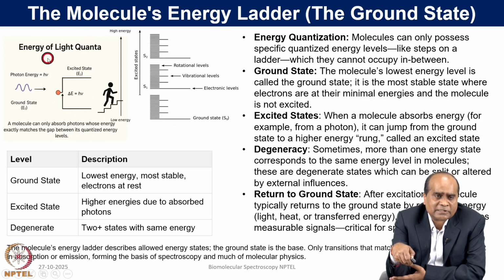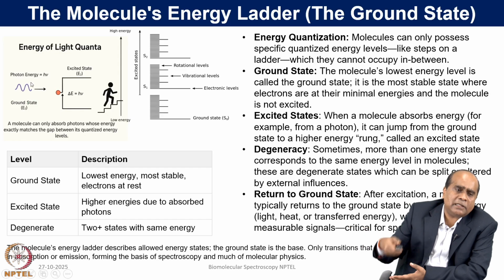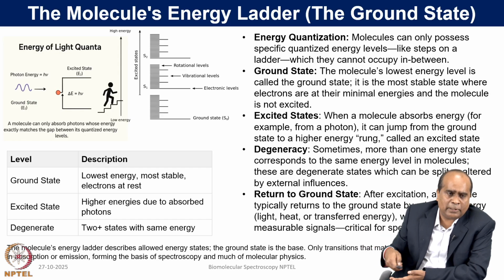Therefore, to understand the property of this molecule in this light-matter interaction phenomenon, it is important that there is a ground state and an excited state, and the molecule can be excited to the excited state by providing a light source, and when it emits, we observe it and we understand this is the phenomenon of the molecule.